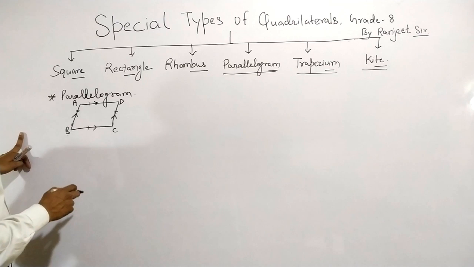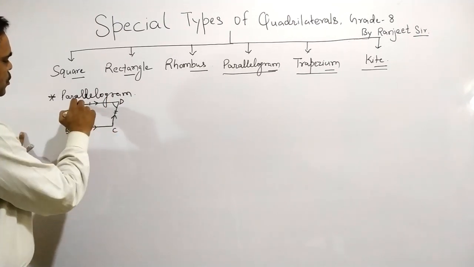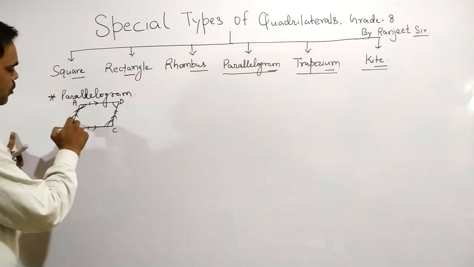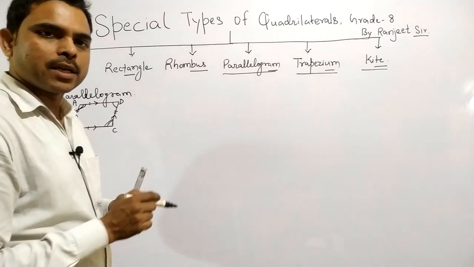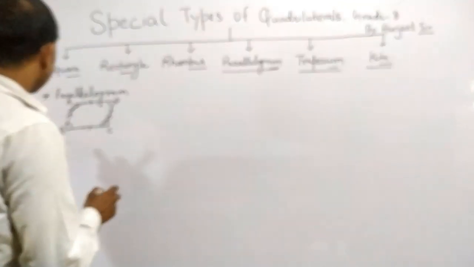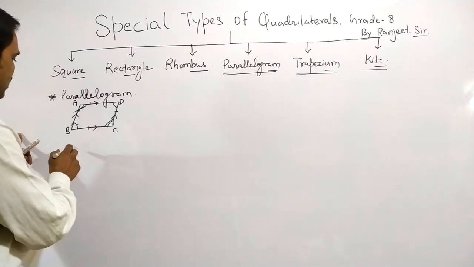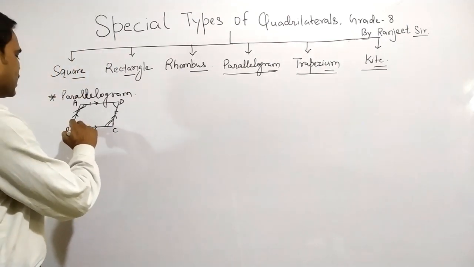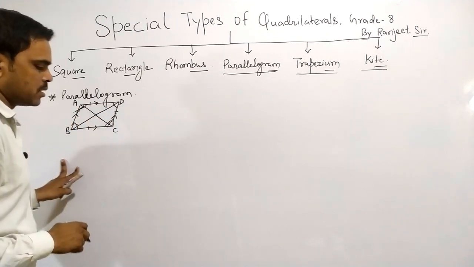And if I talk about angles, the opposite angles are equal, and the sum of any two consecutive angles will always make 180 degrees. This is one of the properties of angles. Now for the diagonals, diagonals bisect each other.